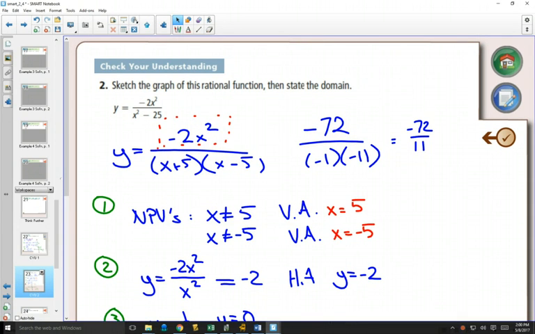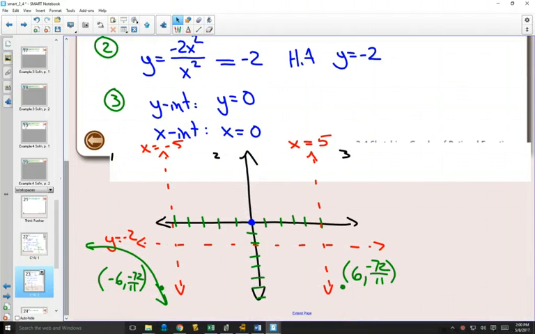Can you see if you square 6 or if you square negative 6, you'll get 36. It won't make a difference. So a little bit of noticing something about my equation allowed me to do this section a little bit quicker. If you don't recognize that and plug in positive 6, it's not really going to take you that much more time, but you'll find you'll get negative 72 over 11 there as well.